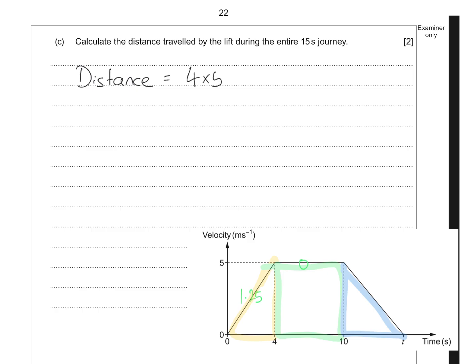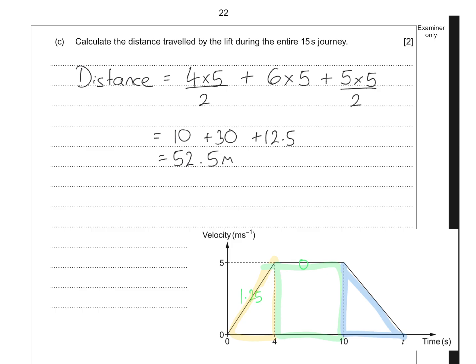The area of a rectangle is the product of the 2 perpendicular distances, so 4 to 10 is 6, and then 0 to 5 is 5. And then finally, 10 to 15 is the base, 0 to 5 is the height, divided by 2. So I got 20 divided by 2, which is 10, plus 30, plus 12.5, which I believe is 52.5 meters.